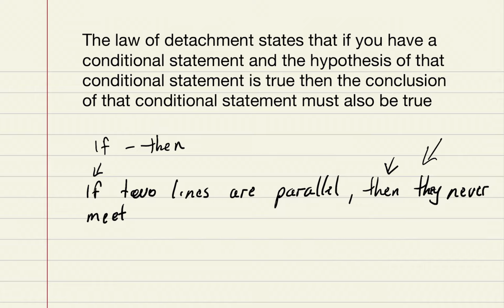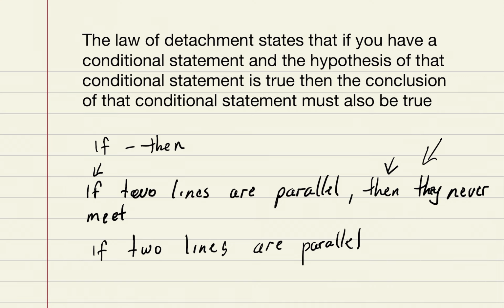Now the second part is the hypothesis. The hypothesis is if two lines are parallel. So if this is considered to be true, so if the hypothesis of the conditional statement is true, then we can say that the conclusion is also true.